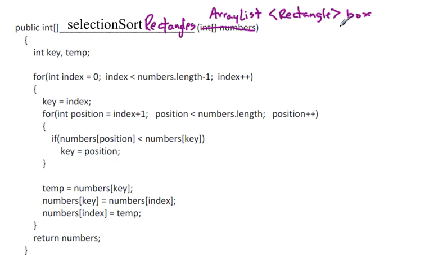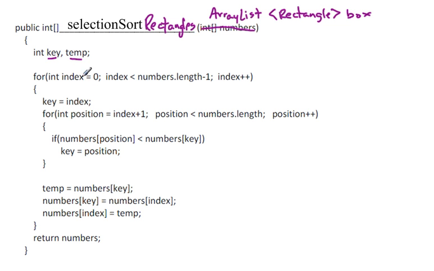And we know we've got this ArrayList, and it helps to just review how does selection sort work. We have two ints up here, one called key and one called temp, and they do two very different things. And so let's first consider what does key do.